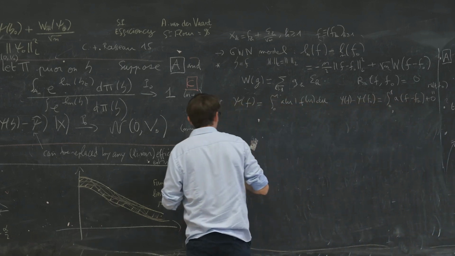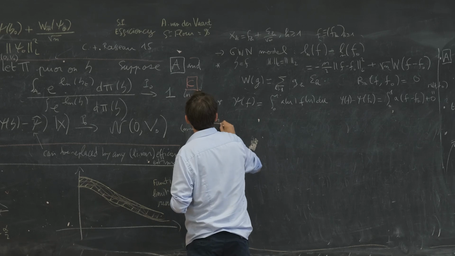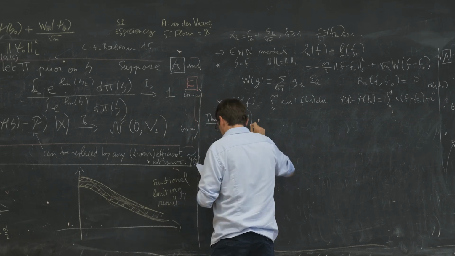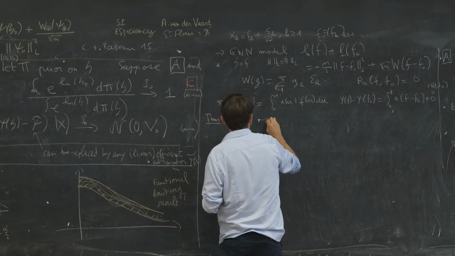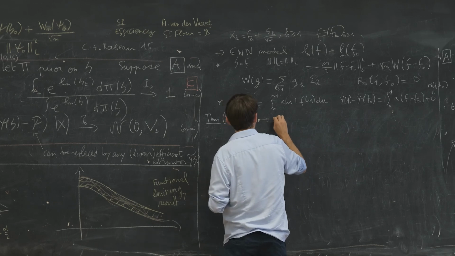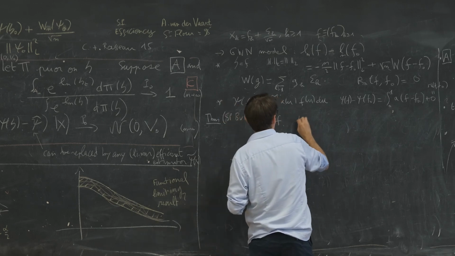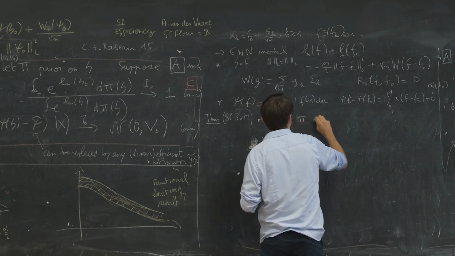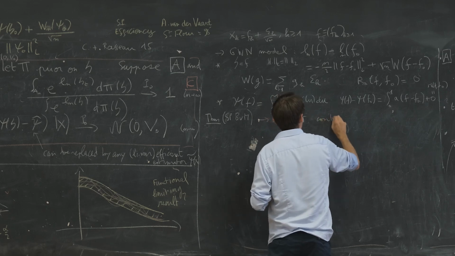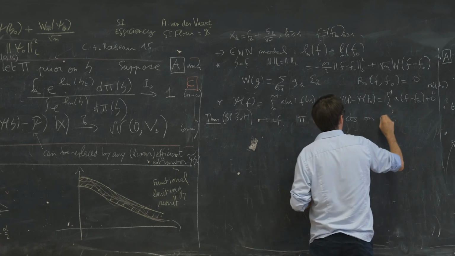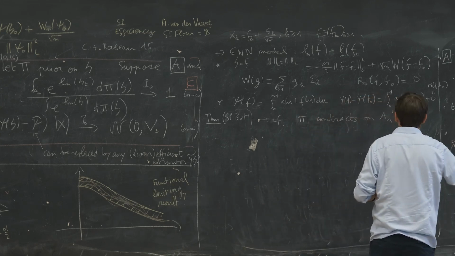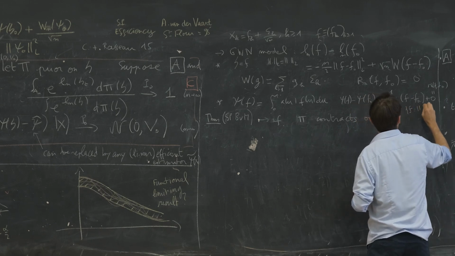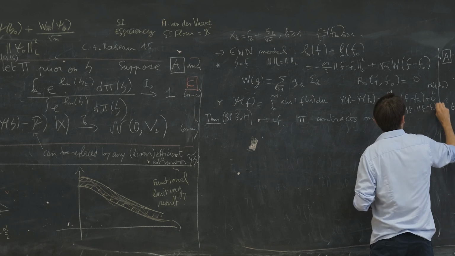And then the theorem: the semi-parametric BvM gives the result as soon as, so you can state a little theorem. If pi contracts on A_n, and as I said, often you will just assume that A_n is included in a neighborhood of size epsilon_n of f0 in the L2 norm.